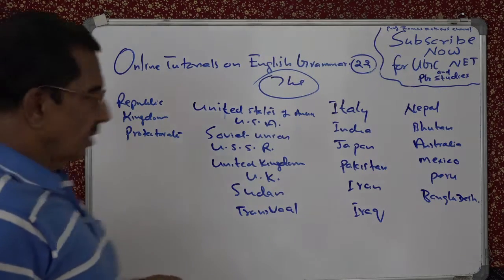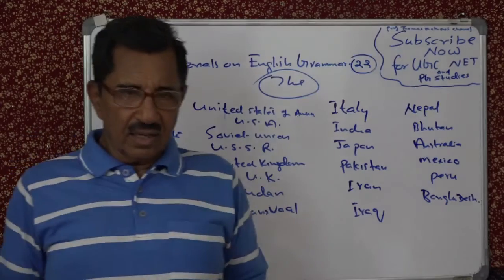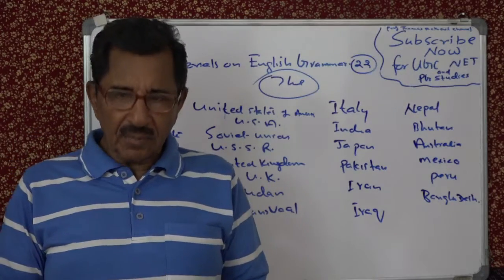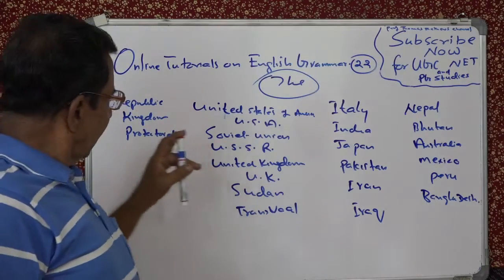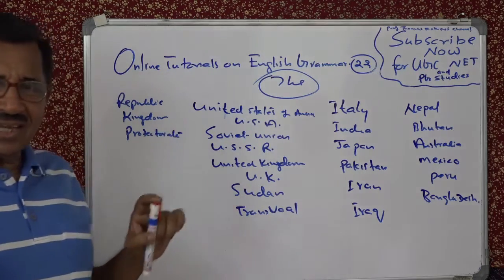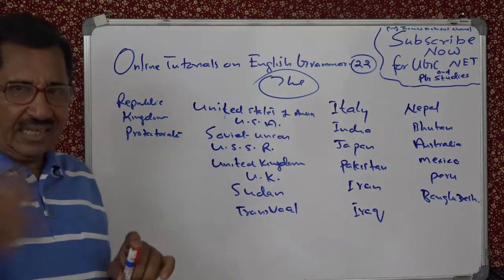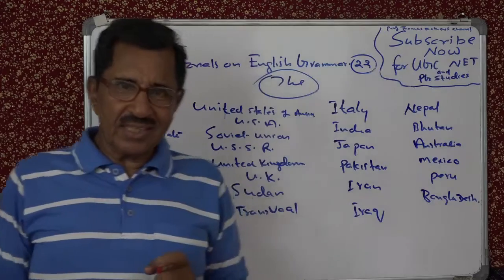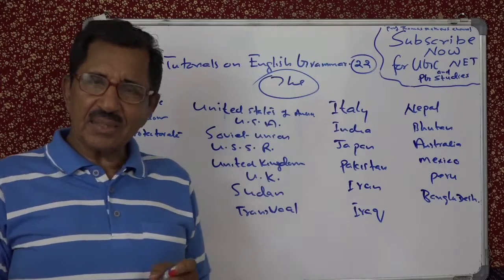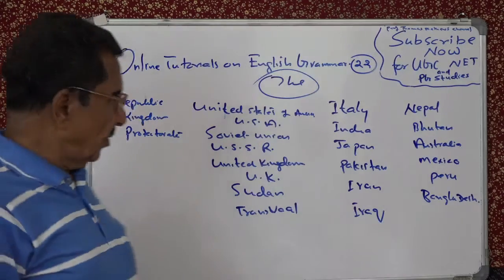So these words: protectorate, kingdom, republic, are some of the words that describe the nature of that country. Whether it is a republic or not, whether it is a kingdom, whether it is a protectorate, and so on.